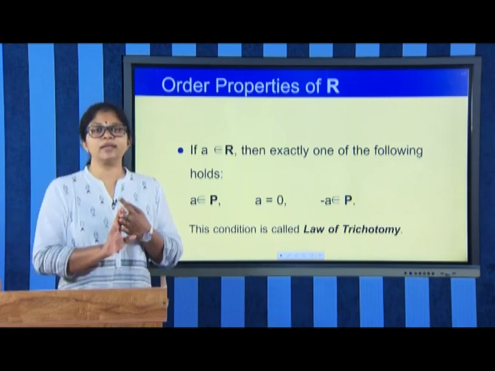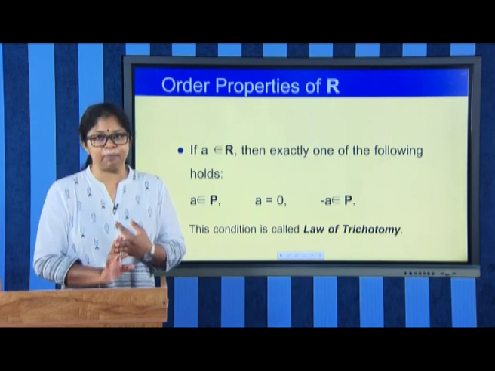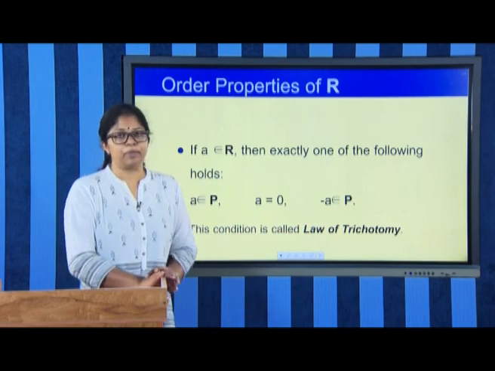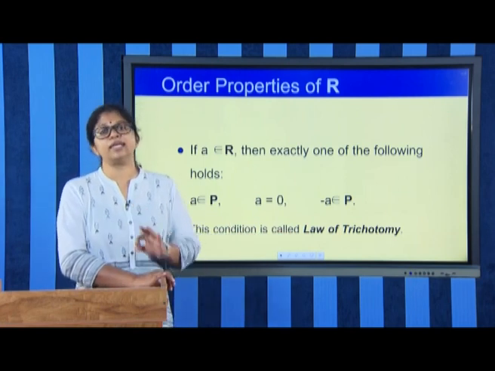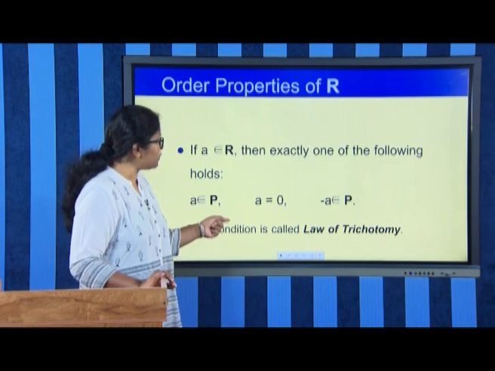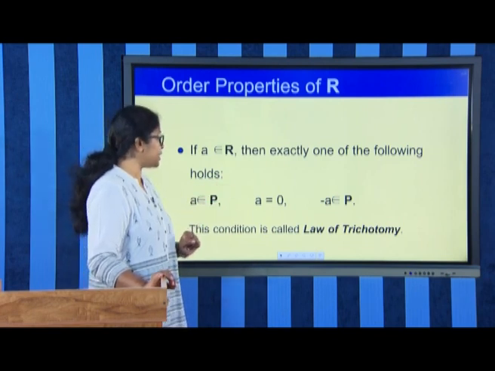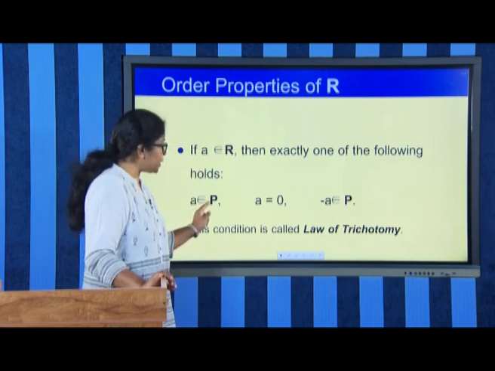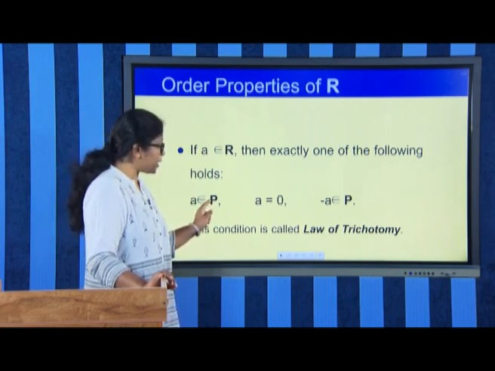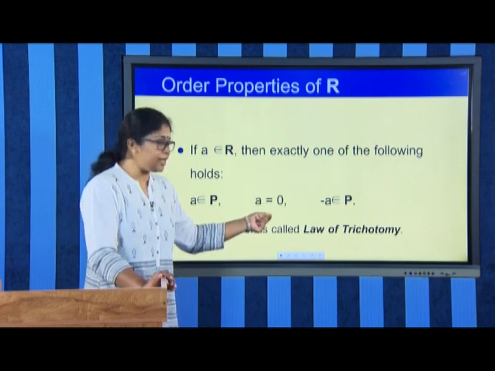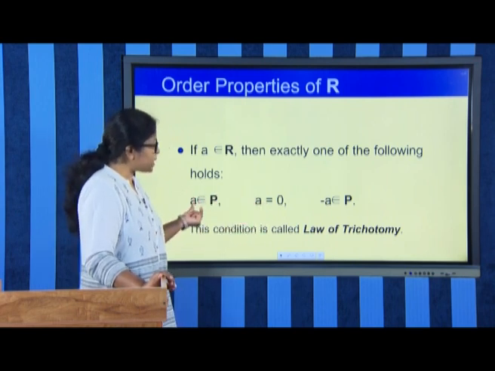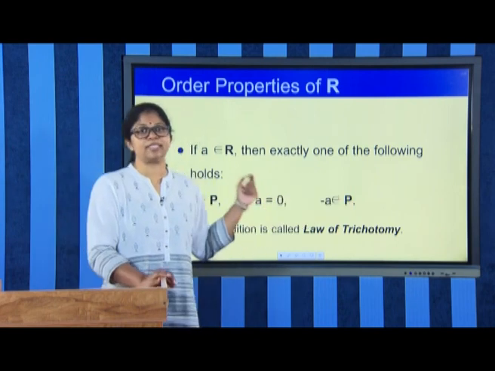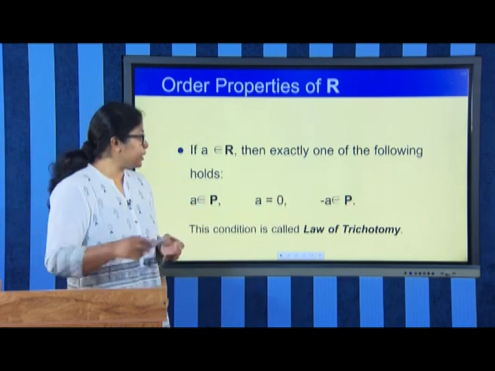So, there are only three options for any real number, and hence it is called the law of trichotomy. Trichotomy means three conditions. So, the law of trichotomy says that any real number belongs to either the set of positive real numbers, or is exactly equal to 0, or negative of A belongs to the set of all positive real numbers. That means A is a negative real number.